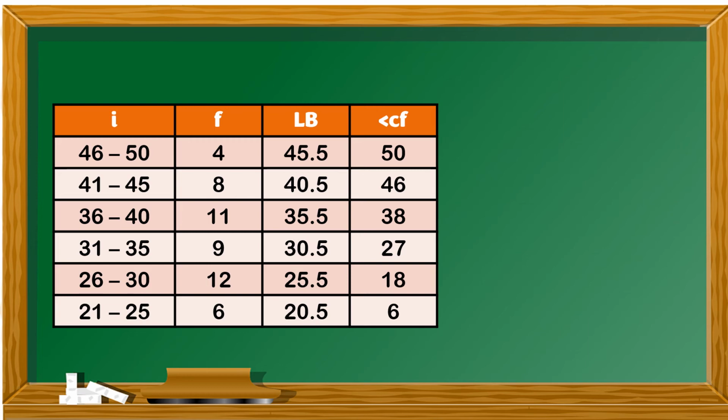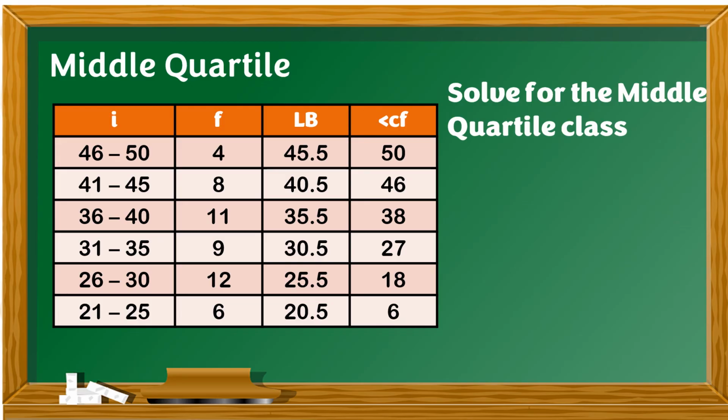Let's solve now for the middle quartile. So solve for the middle quartile class, wherein we have Kn over 4. The value of K is 2, since we're going to solve for the middle quartile class. And then the value of N is 50. That is the total frequency. And we will divide it by 4.